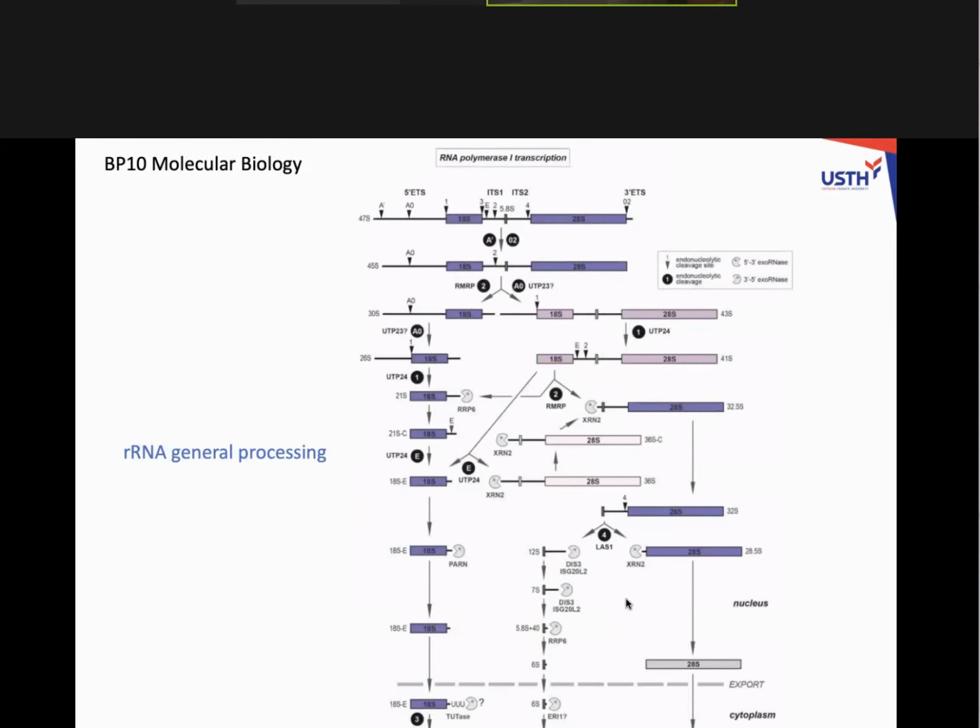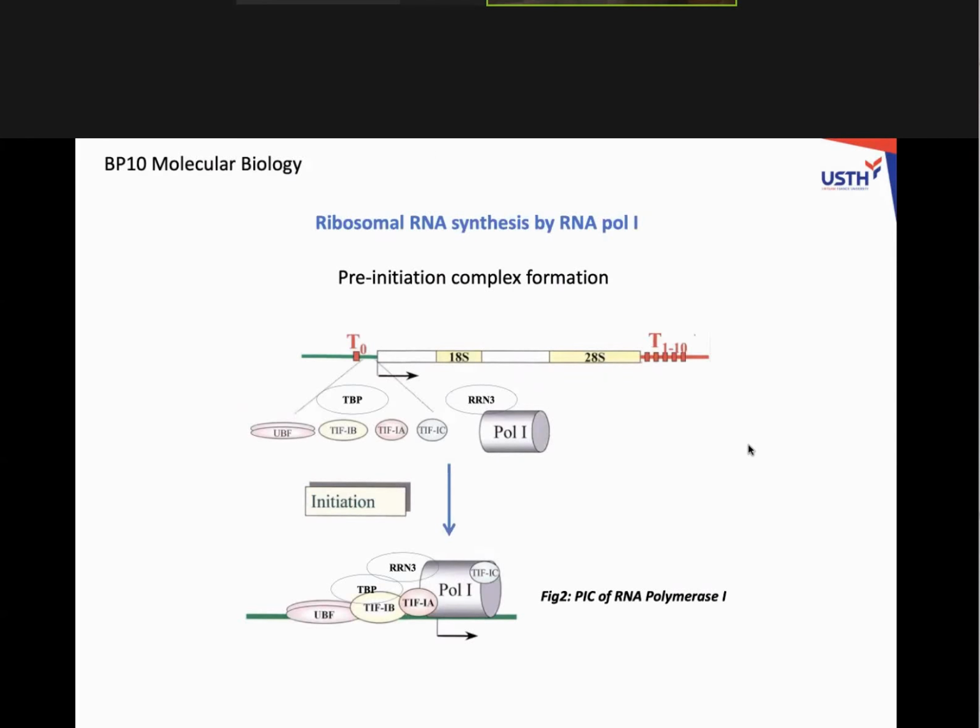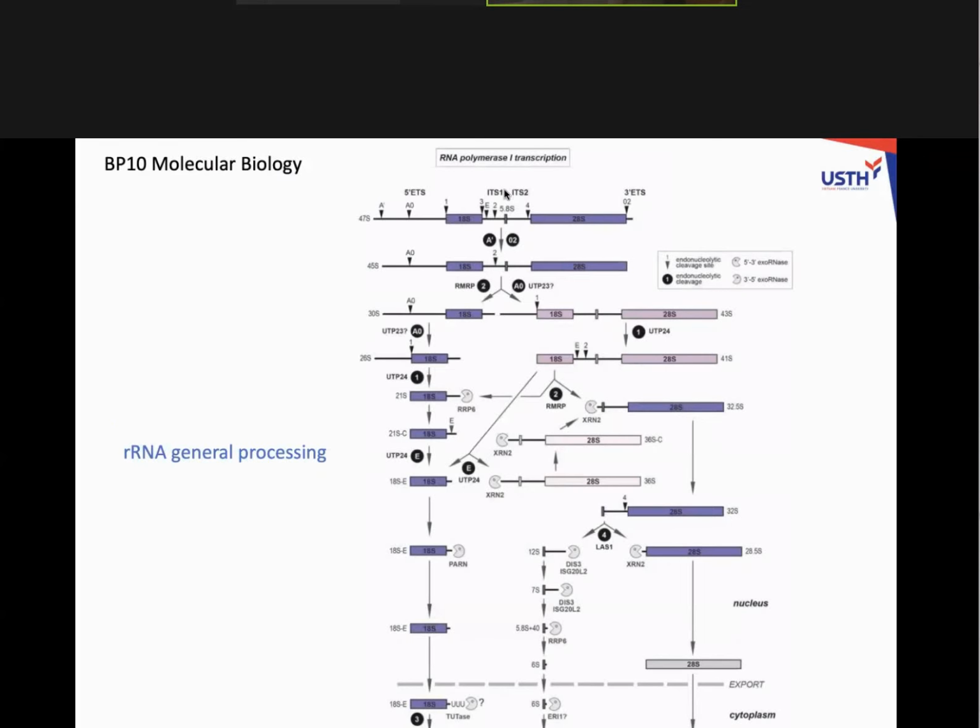So I just put this slide here just for your records, because after it's going to be very complicated and I will never ask you questions. If you want to know how the 47S RNA that is going to give rise to the ribosome is processed, I will show you later on.